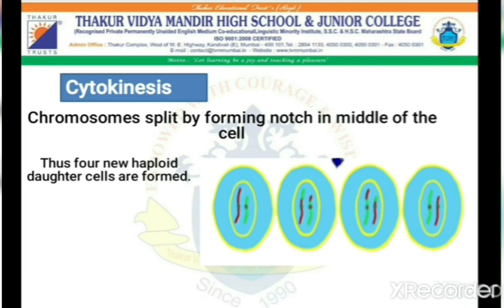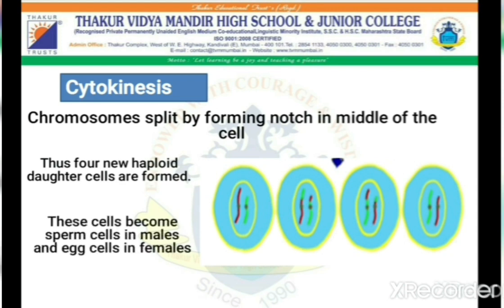So the two daughter cells which were formed in meiosis 1 are further continued, and we get four daughter cells in this stage. These cells become sperm cells in males and egg cells in females. So that is how meiosis 2 is completed.